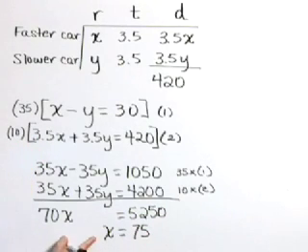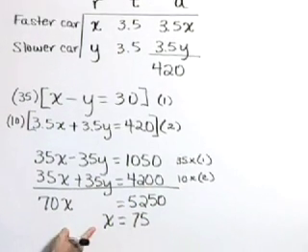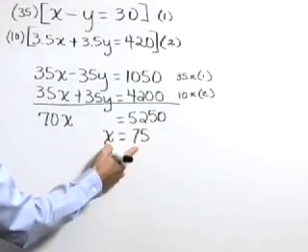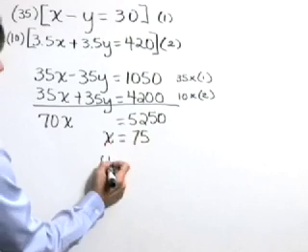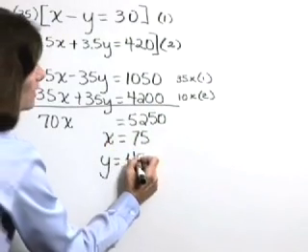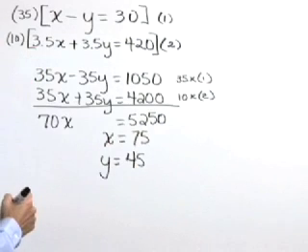Now x represents the speed of the faster car. Y is the speed of the slower car, and we're given that that rate is 30 miles per hour less than the 75. So y is 75 minus that 30, or 45 miles per hour.